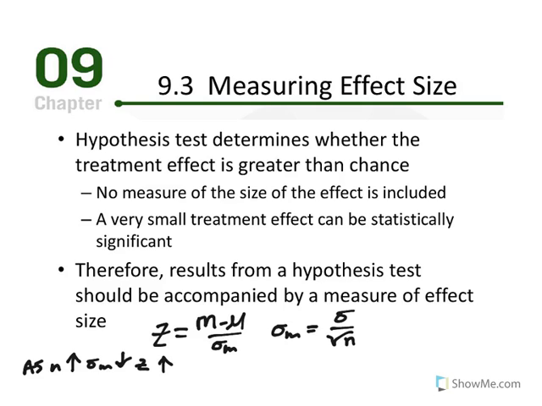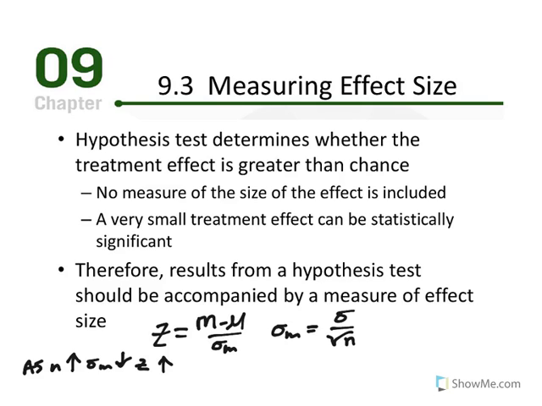And as z-scores increase, the likelihood of rejecting the null also increases. So again, once we recognize that the standard error is a function of sample size, we can see that there is a slight flaw in the hypothesis test when we are using those values to determine that something is statistically significantly different.